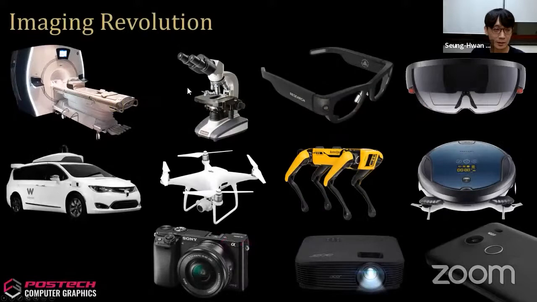These days, we are surrounded by many imaging systems. For instance, in AR and VR glasses, autonomous vehicles, robots, our mobile phones, and even medical devices. This shows the importance of well-designed imaging systems for diverse applications.